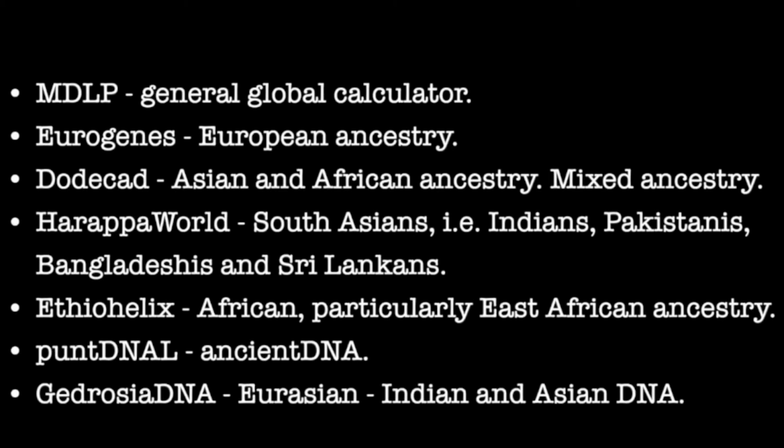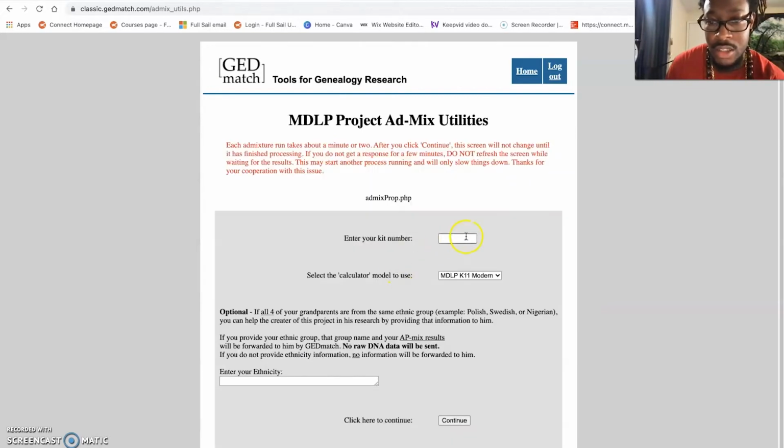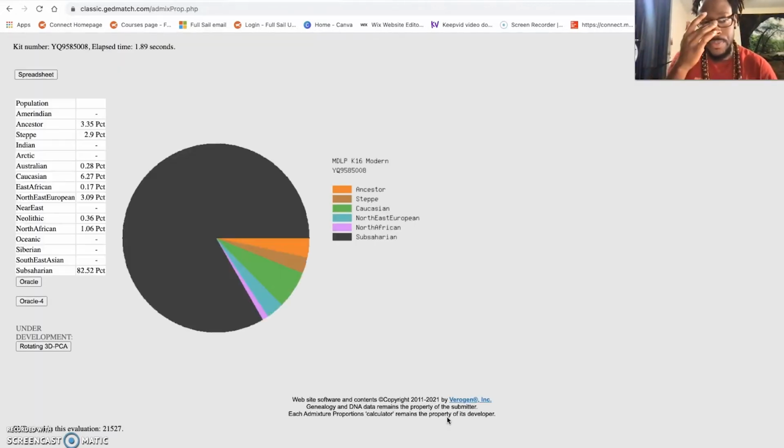So let's do the MDLP. This would be the best one for African Americans. And let's do the K16. Then here it goes. This is your breakdown. They're showing it in this little circle graph.